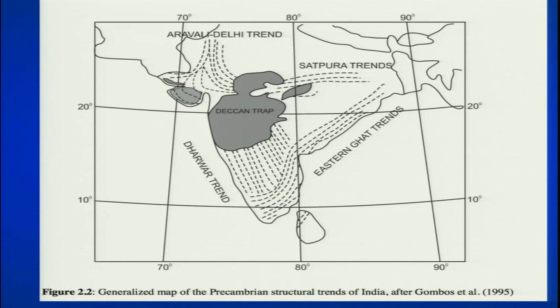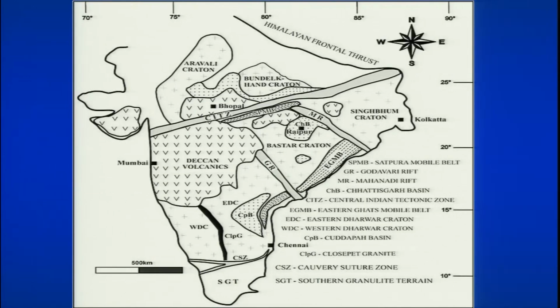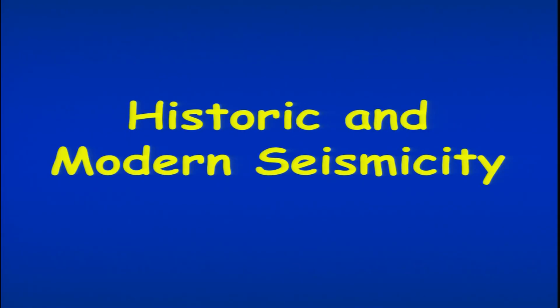So we have several active zones in India that we have been talking about in some of the lectures. Now the most important part before we get into the detail of paleoseismology is to look at the historical and modern seismicity.